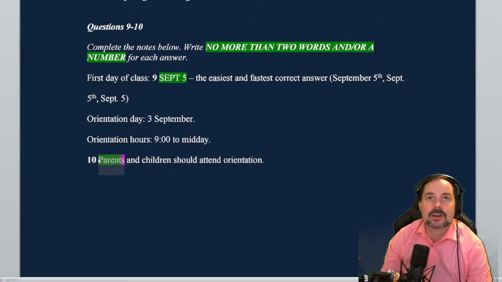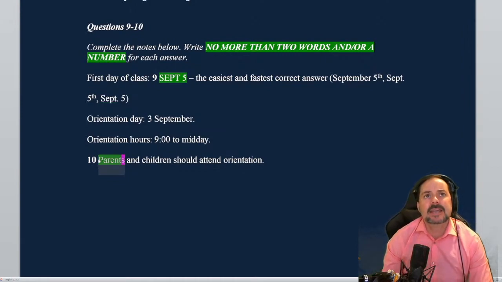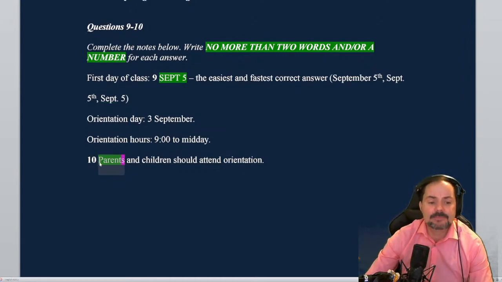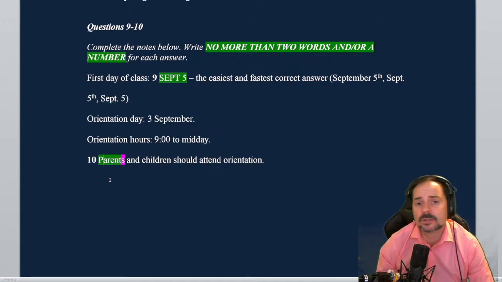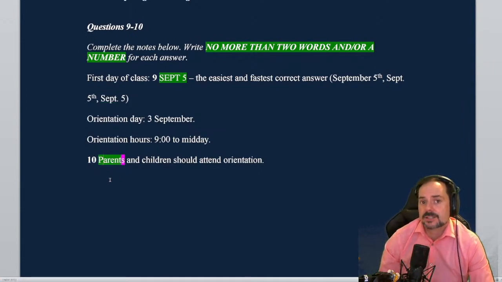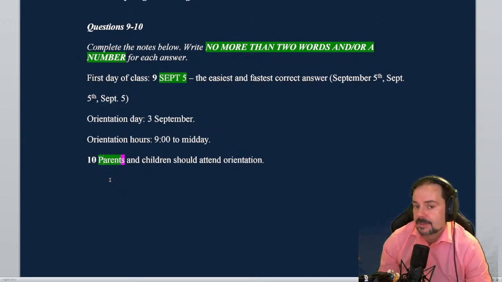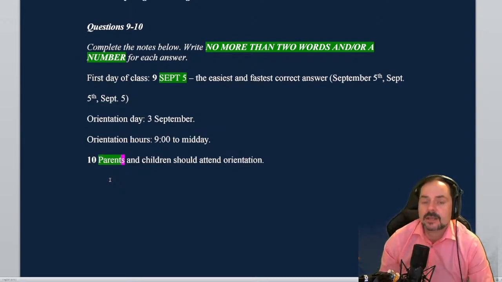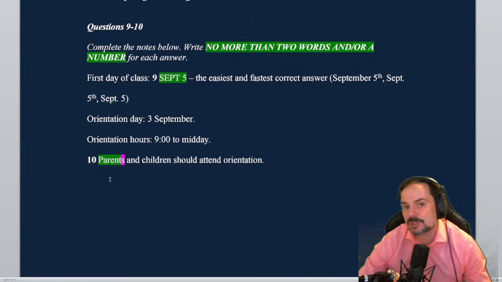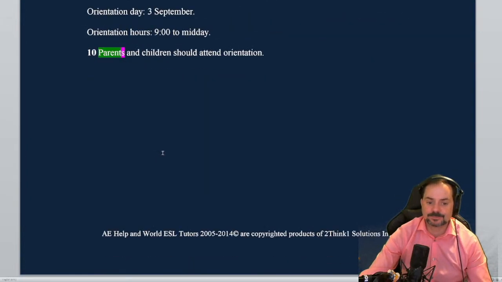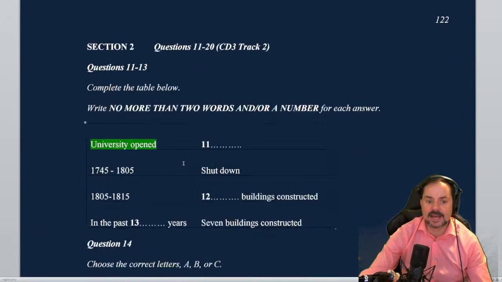And they say parents. So, yeah, Moonlight, if you have a capital P, that's fine. If you don't have a capital P, you're still going to get that mark. It's considered a common noun, so if you put parents with a small p in the answer sheet, it will still be accepted, right? They're not going to ping you for that.